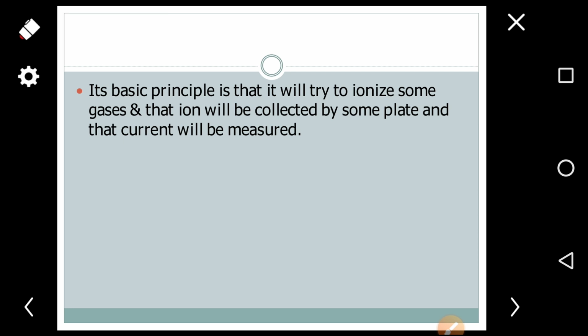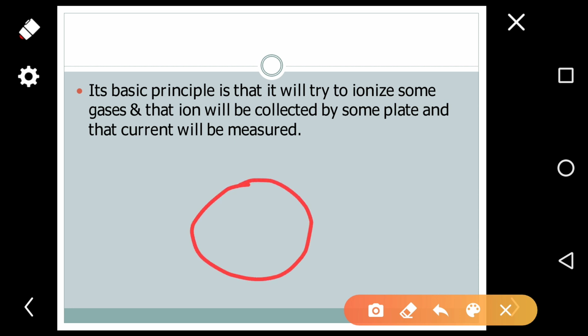Its basic principle is that it will ionize some gas, and the ions will be collected by a plate, and that current will be measured. For example, take a container in which there are gas molecules, and I am going to ionize these gas molecules.